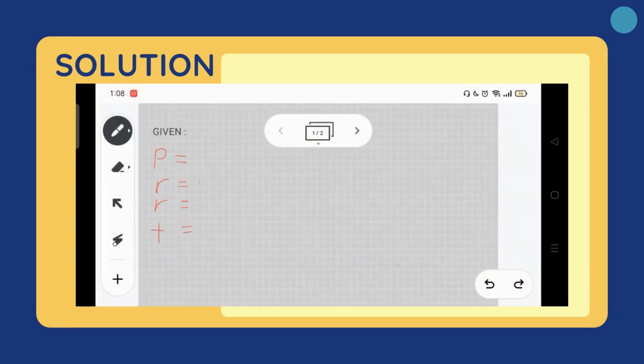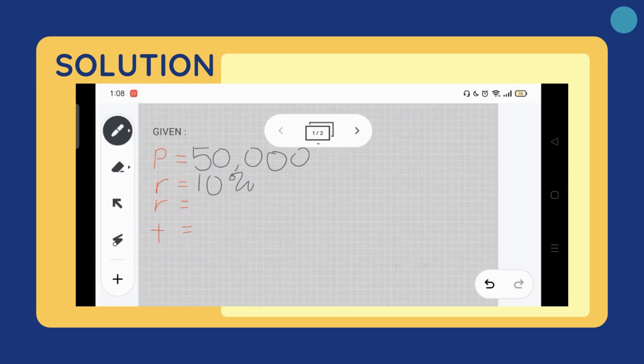The given are principal P, 50,000, the rate 10%, then we will divide by 100 to make it a decimal.